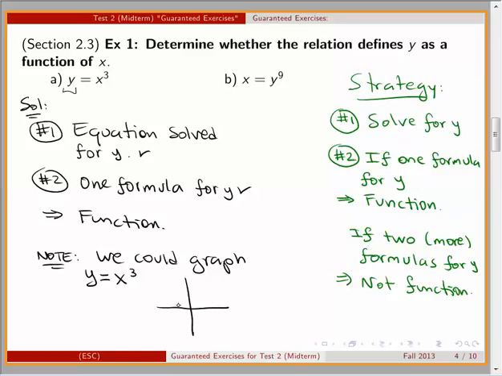This is the function that passes through -1 comma -1, 0 0, and 1 comma 1, and as you may recall, the graph looks something like this. So this indeed passes the vertical line test. We can draw vertical lines, and these lines only touch the graph at one point, and so this is a function.